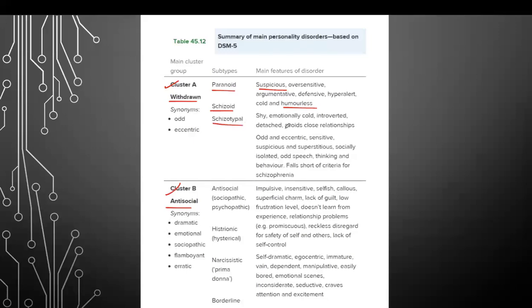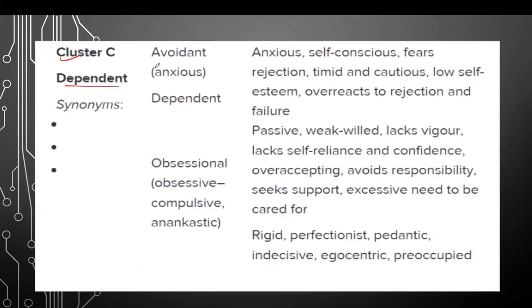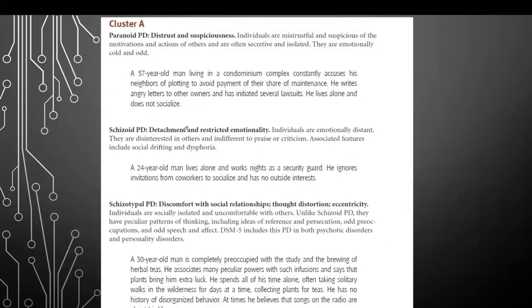Schizotypal are odd and eccentric. There are a lot of things that we are going to discuss for all of them, but just to give you a generalized idea, in cluster B we have antisocial, histrionic, narcissistic, and borderline. These are very important for exam. And in cluster C, we have avoidant, dependent, and obsessive compulsive personality disorder.